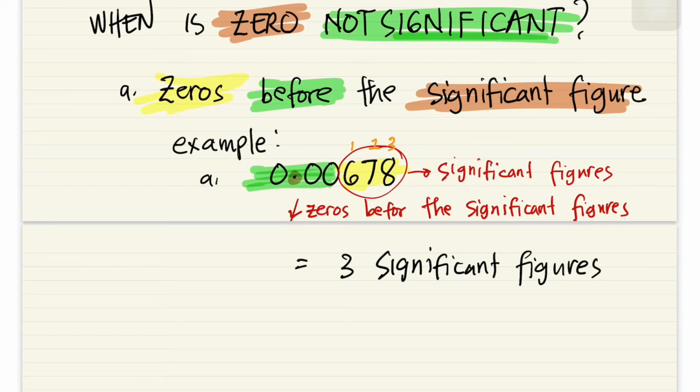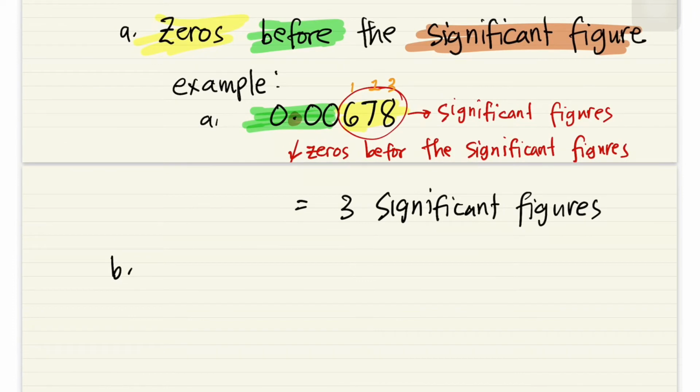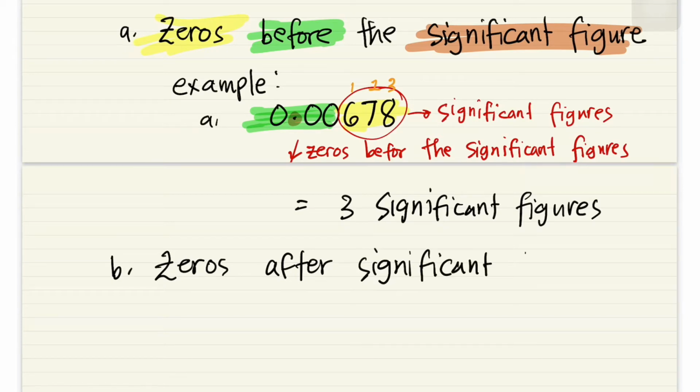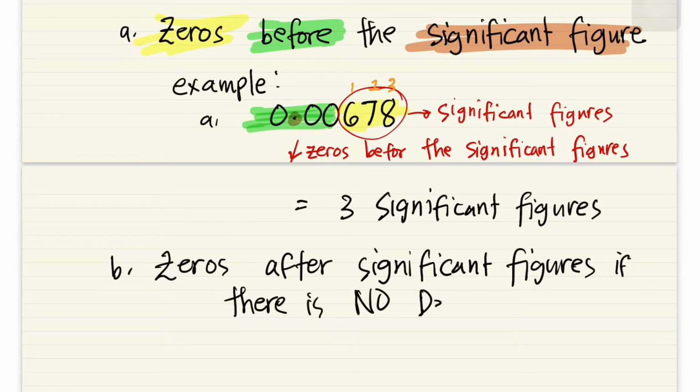figures. All right, next, when is 0 not significant? Letter B, zeros after significant figures if there is no decimal point.